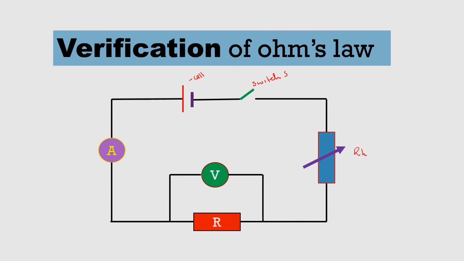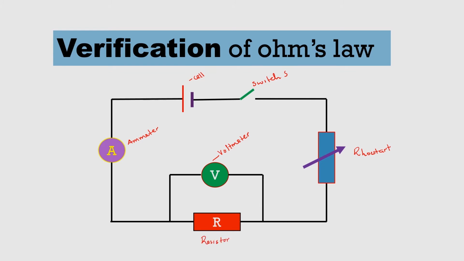We emphasize and we say that the rheostat is just that variable resistor. Then we have the voltmeter, then the ammeter, and then another external load. This is also another resistor.